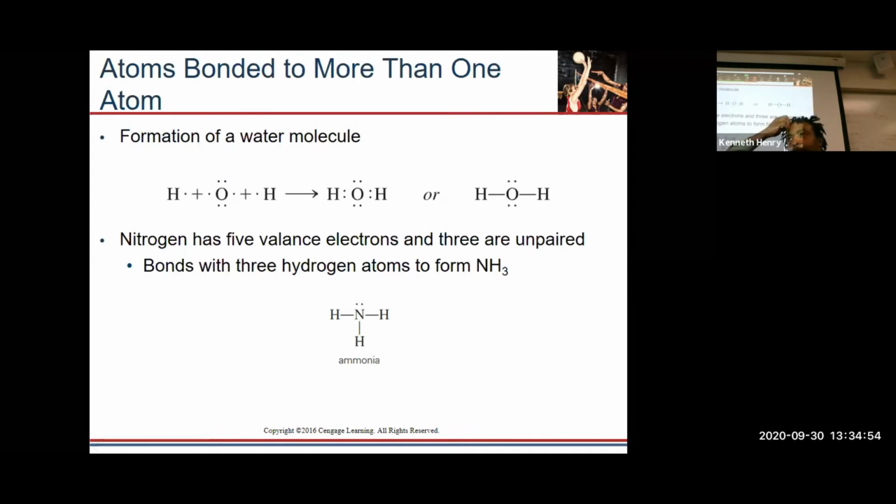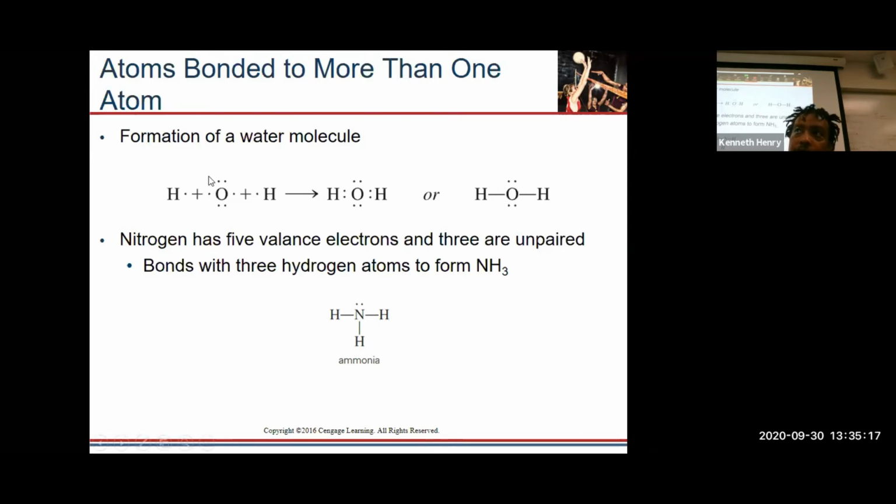Okay, so we know that there could be more than one atom forming compounds. We don't always have to have a diatomic molecule. We could have a polyatomic molecule, like water.